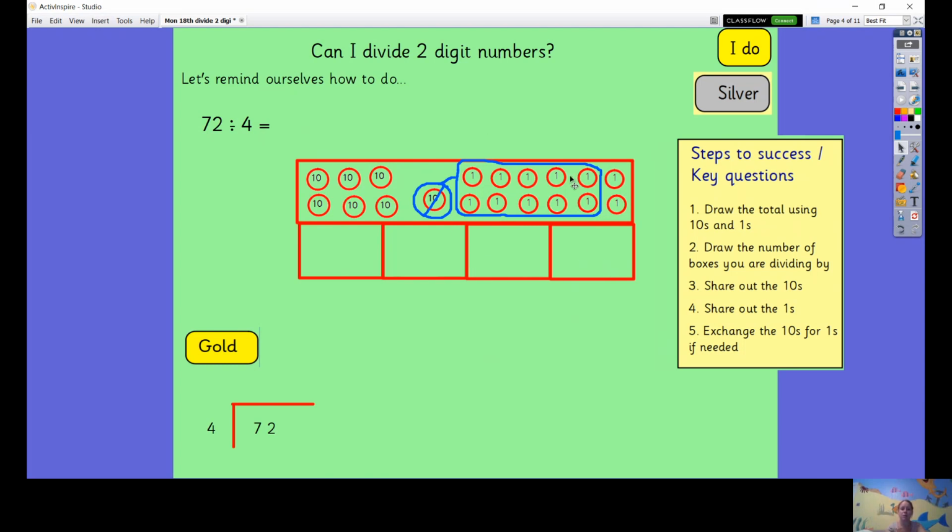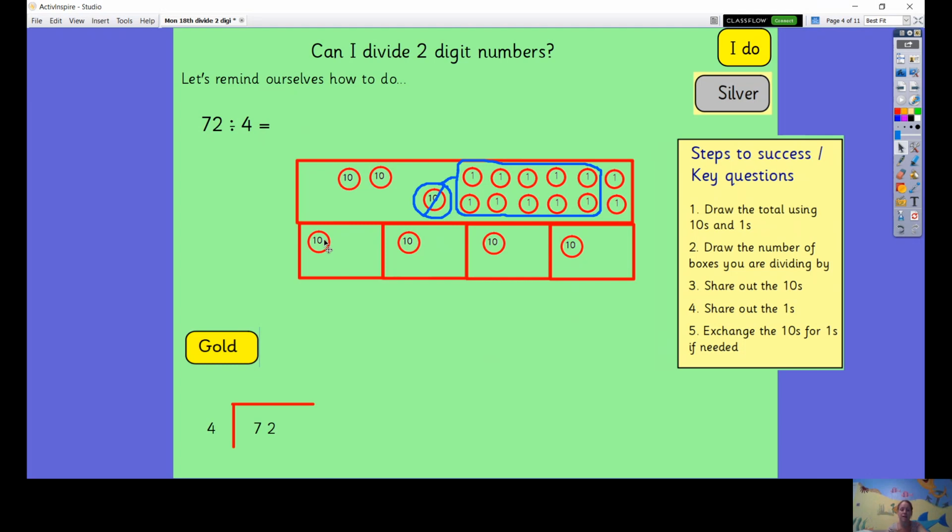So we put our 72 up here, and we share out our 4 into our 4 columns here. And then when we get down here, we realise that we can't share these ones out. So we would need to exchange our tens for the ones and share all of those out individually as well.